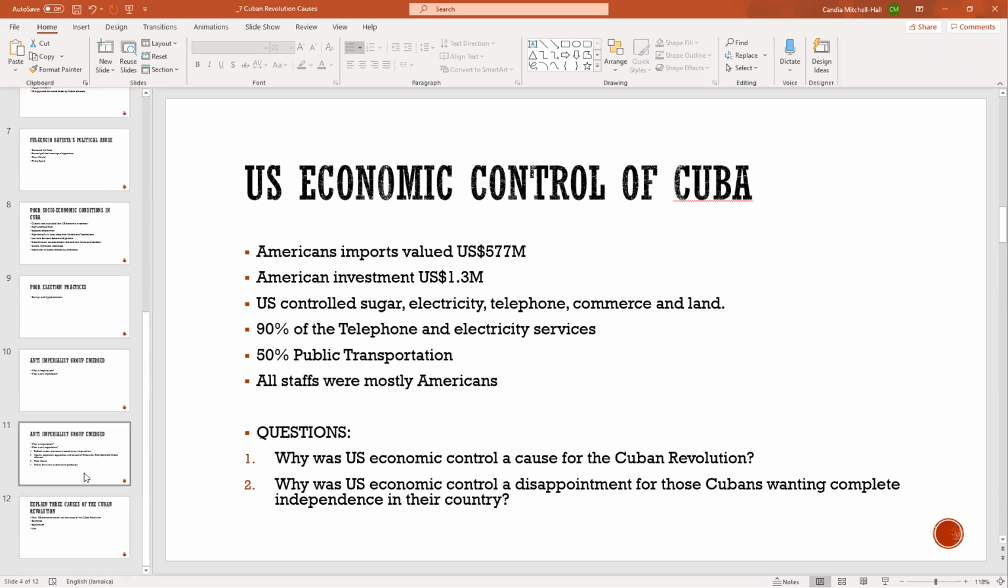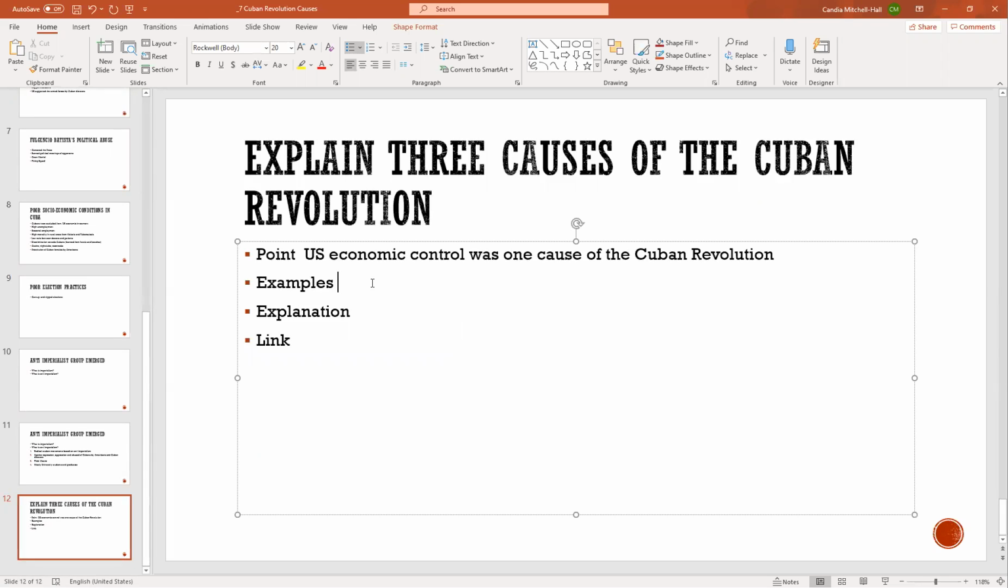So the evidence here, or the example, is that you could say one example of US economic control was, let us use it a different way, the US controlled the Cuban public transportation sector.